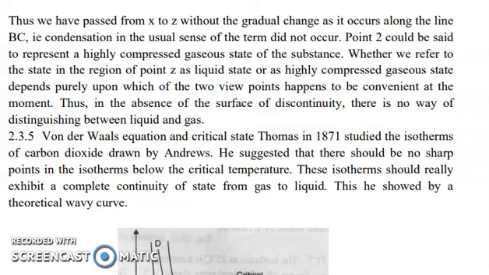So, van der Waals equation and critical state. Thomson in 1871 studied the isotherm of carbon dioxide drawn by Andrews. He suggested that there should be no sharp points in the isotherm below the critical temperature, and this isotherm should really exhibit a complete continuity of state from gas to liquid, and this he showed by a theoretical wave curve.